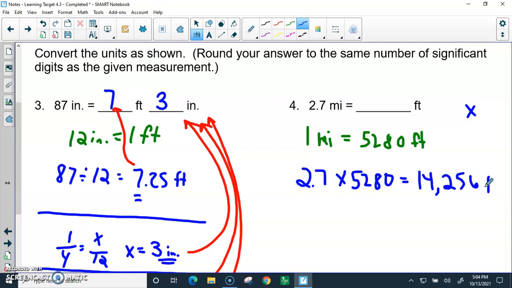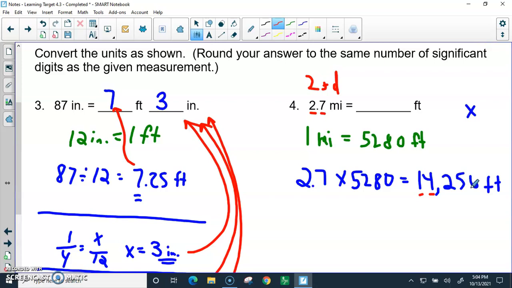Now, the thing is here that we've got to look at significant digits. So our original measurement only has 2 significant digits. So our answer will also have 2 significant digits, where you start from the left and you look at the 1 and the 4. Now, you can't just drop the 256 off, because what happens is the 14 slides over and you end up with 14 feet, which is not correct.